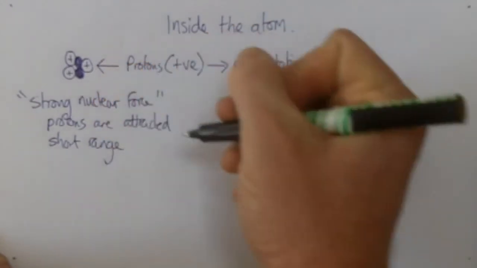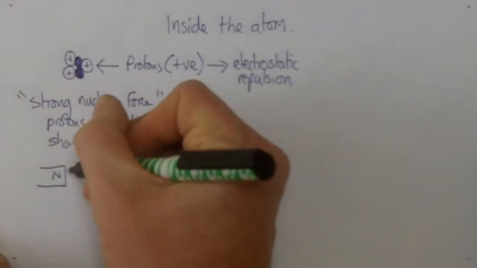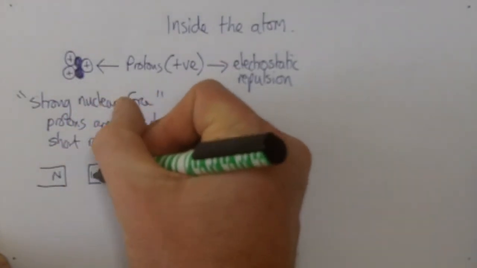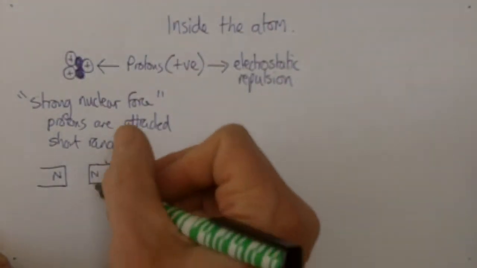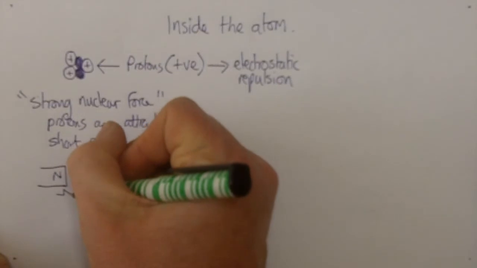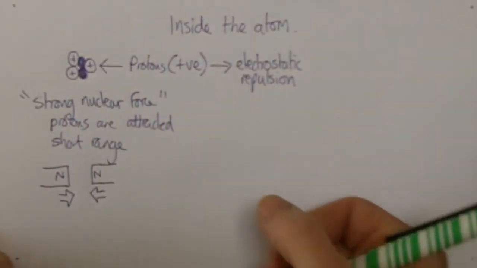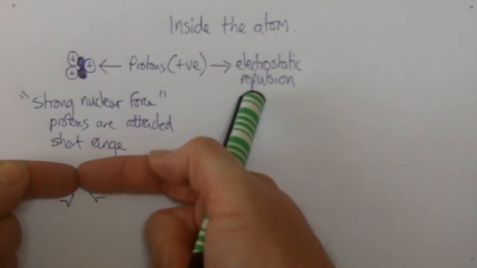Now, the best analogy for this is if you have 2 magnets which both have their north poles facing each other, and you tried to bring those 2 together, then you would have the magnets repelling. And as you brought them closer and closer together, the repulsion would increase and increase and increase.